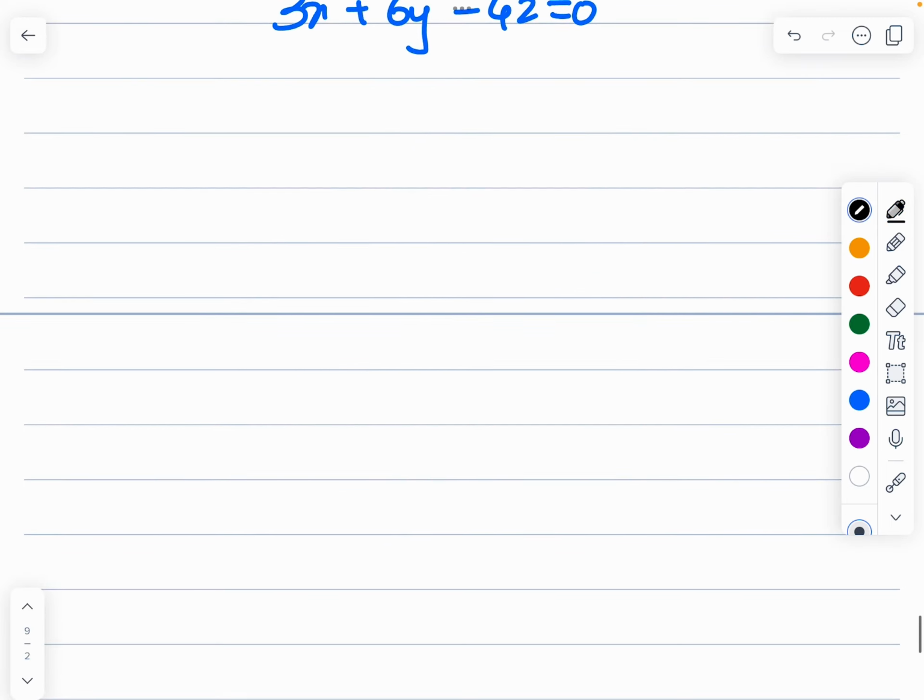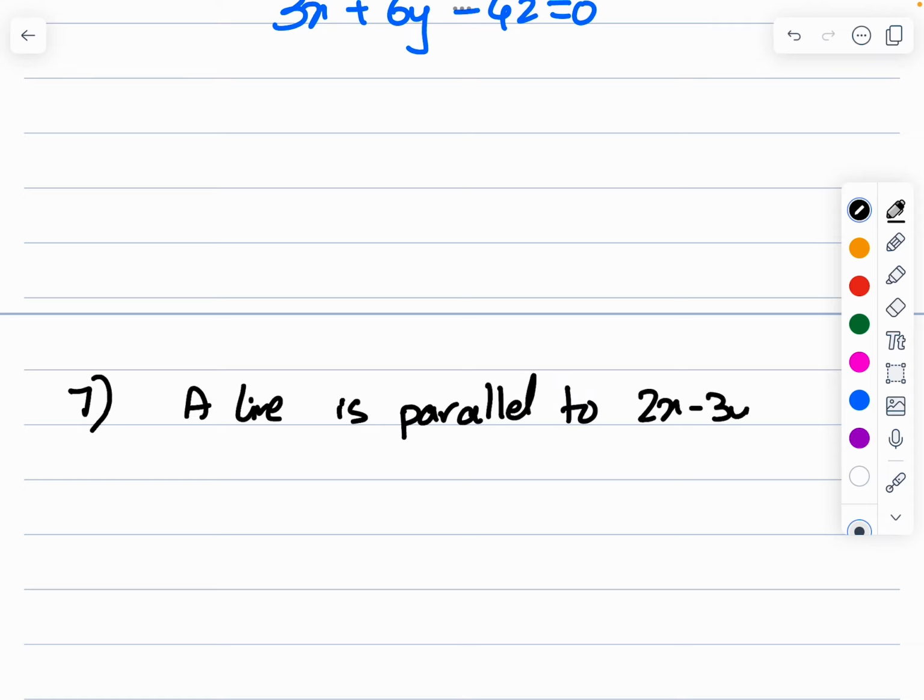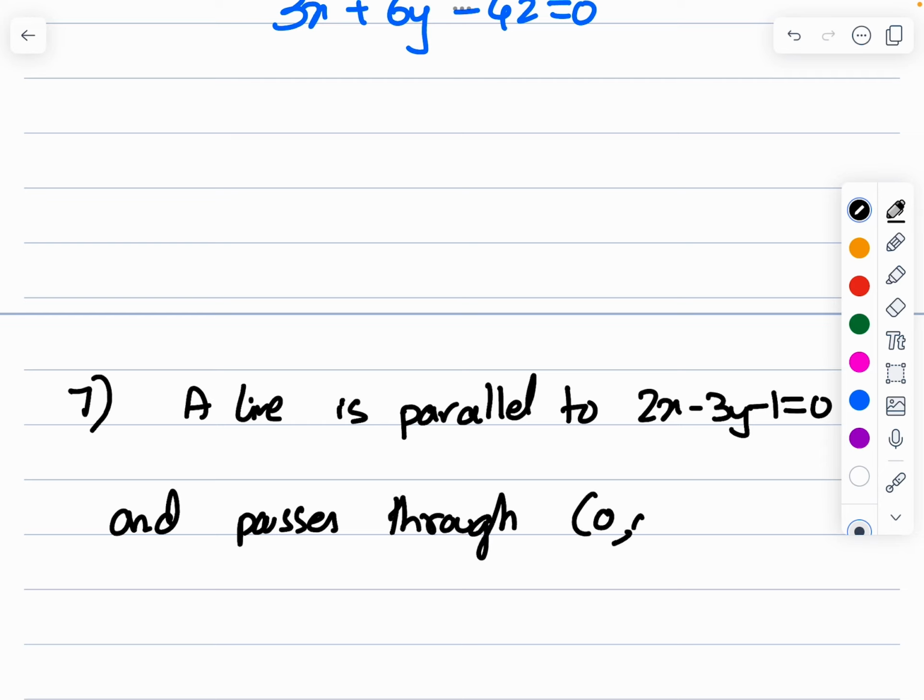And finally, question number 7. A line is parallel to 2x minus 3y minus 1 equals 0 and passes through (0, 0). Find the equation of the line.